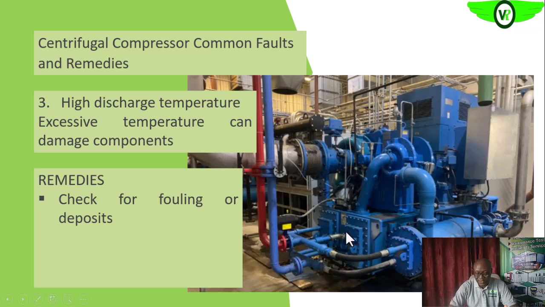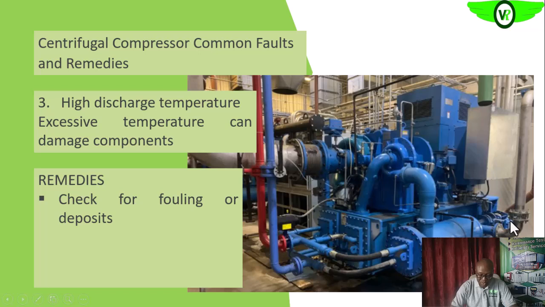heat exchangers. Here we have two heat exchangers, and here we also have another heat exchanger. So these are the intercoolers, and this is the aftercooler. If there is fouling within these heat exchangers, the rate at which heat is taken off the compressed gas will be reduced, and once that happens, the discharge gas that comes out from the discharge end of our compressor unit will be of high temperature.